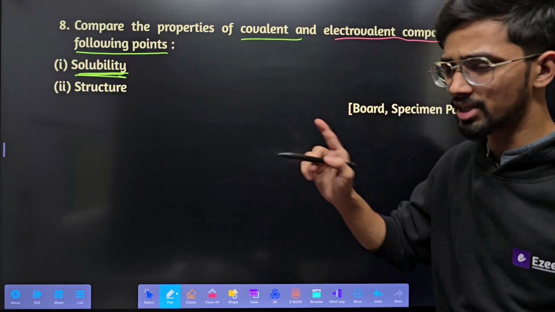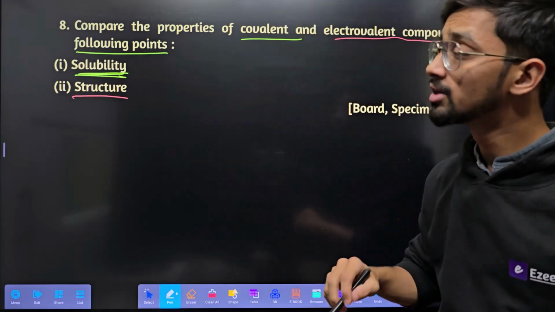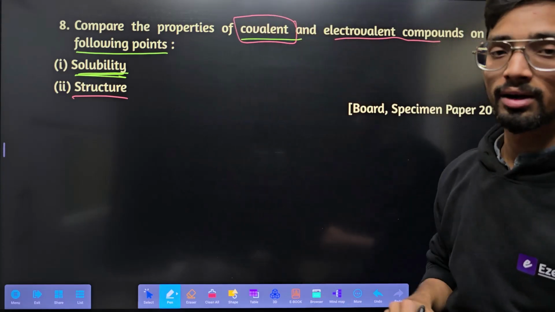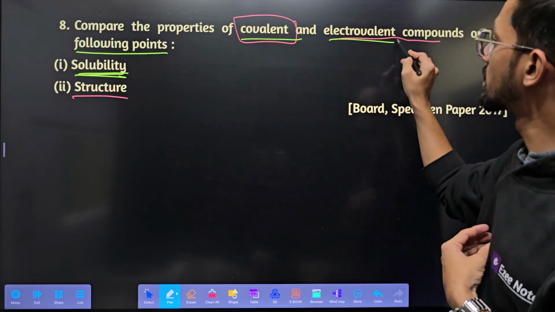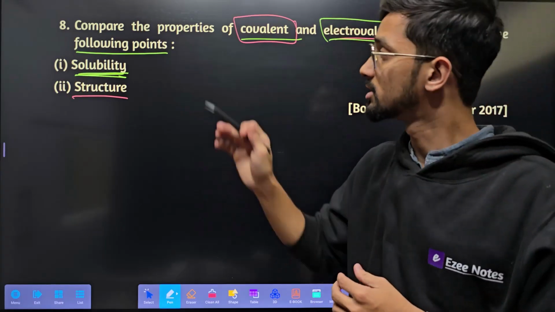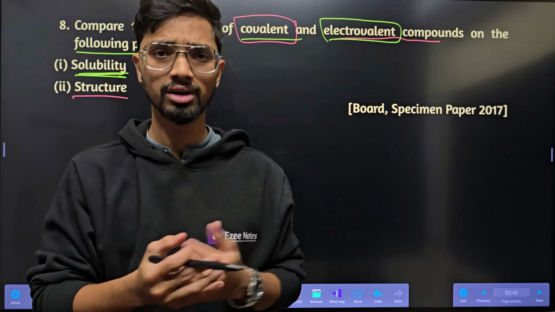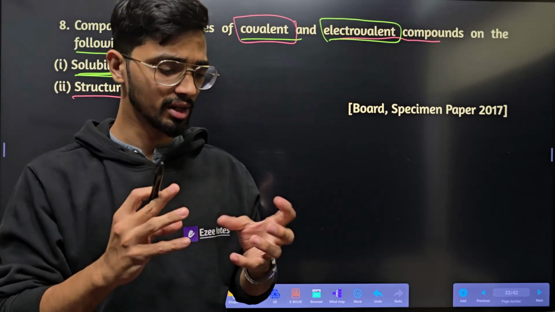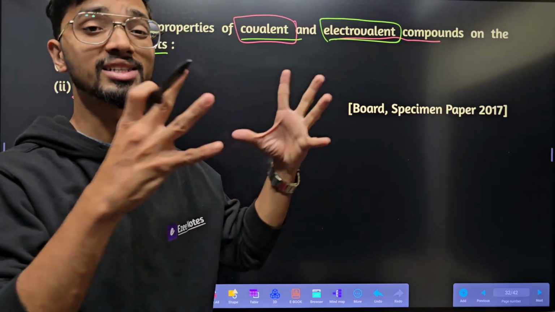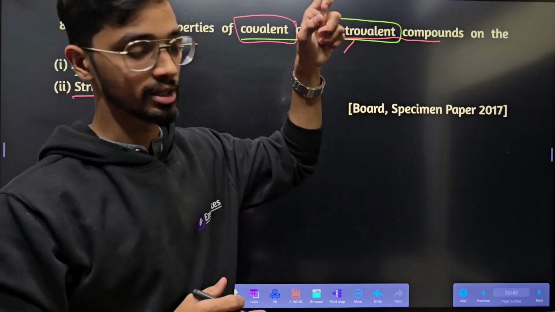Vice versa. You have studied, right? Structure. Covalent compounds do not have a lattice structure, but electrovalent compounds have a lattice structure. They can be gases, soft solids, or liquids. They form a structure like molecules, not a crystal lattice. This forms a crystal lattice structure.